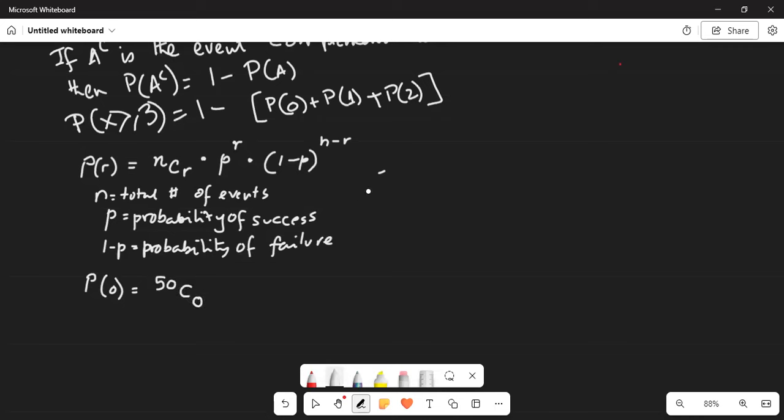I should also write that NCR is the number of combinations or possible arrangements of R items taken from n items.